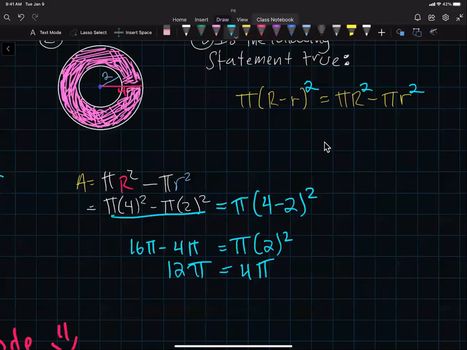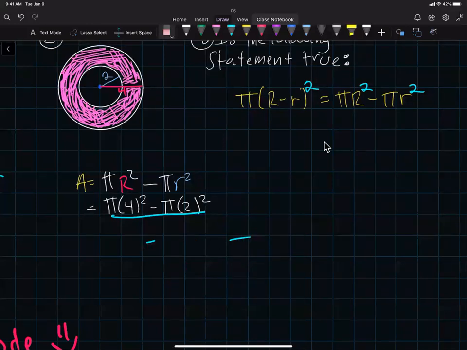Now, I'm going to give you a separate analogy. Subtracting the radiuses and then squaring them is not the same as subtracting the area of the larger circle minus the smaller circle. Now, mathematically, proving this for all numbers, you can do the following.